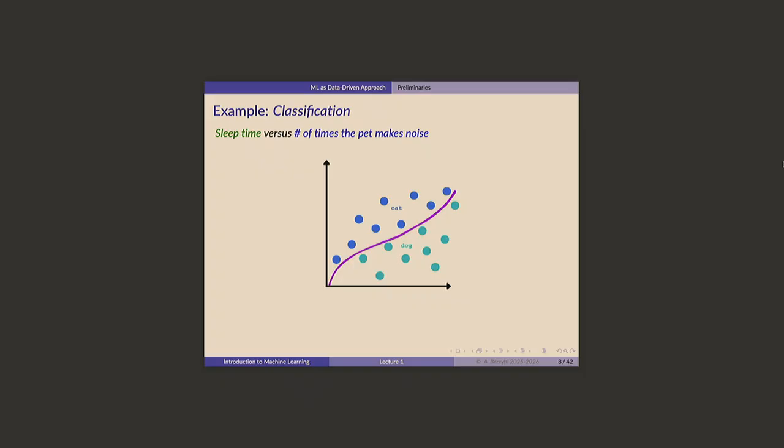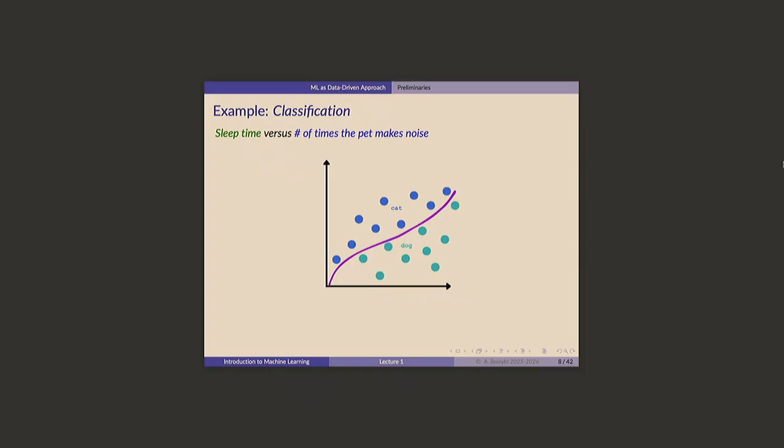I take a look at every single pet, and for each one I collect 2 parameters. One of them is the sleep time, how many hours the pet sleeps, and the second one is the number of times the pet makes noise during the day. And I start to plot that.